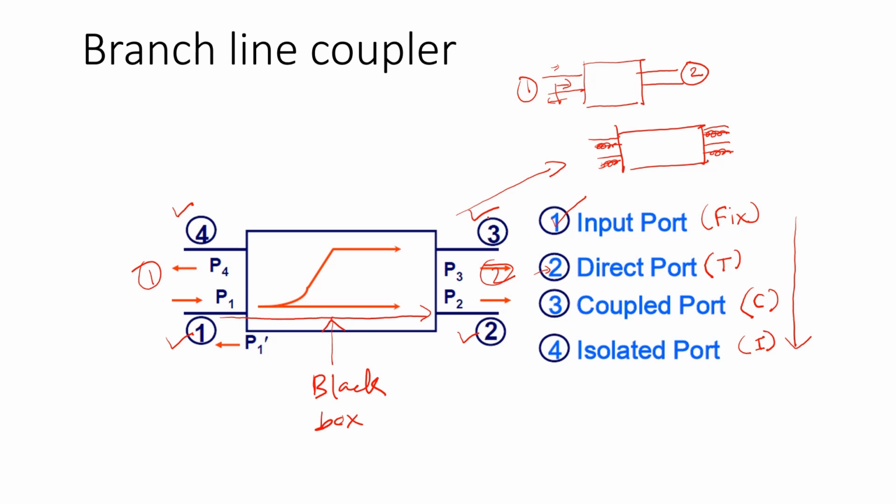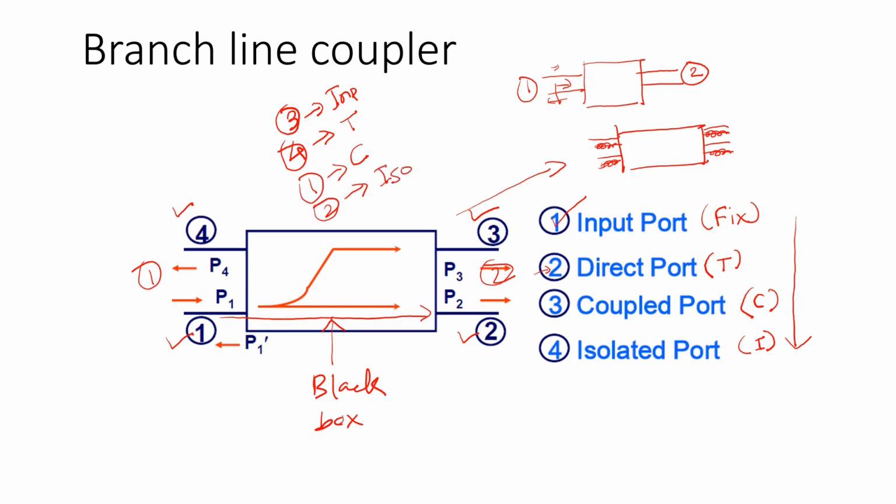So if we consider port 3 as our input port, then port 4 will be your direct port or through port. Port 1 will be your couple port, and port 2 will be your isolation port.